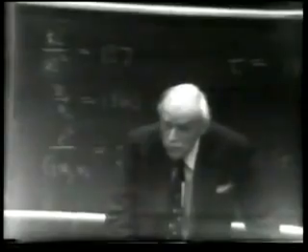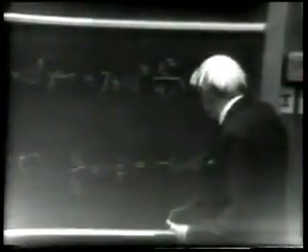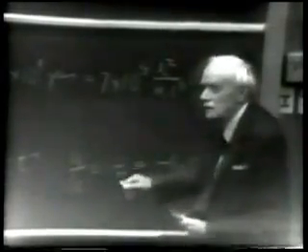I've been told by the people who work with these clocks that they can do their timekeeping with an accuracy of 1 part in 10 to the 13. Now, if there is a logarithmic variation, it would of course be much smaller than the t to the minus 1 variation which we have here, smaller by a factor 100 or so. But even so, it would still be of the order 10 to the minus 12.